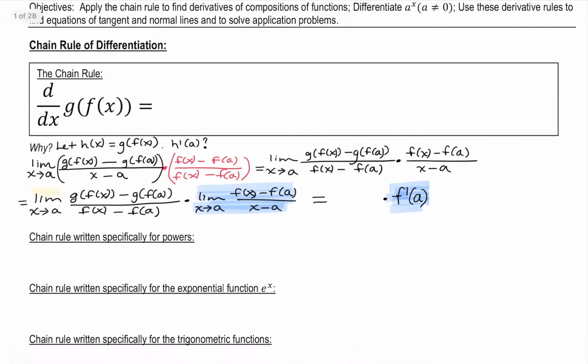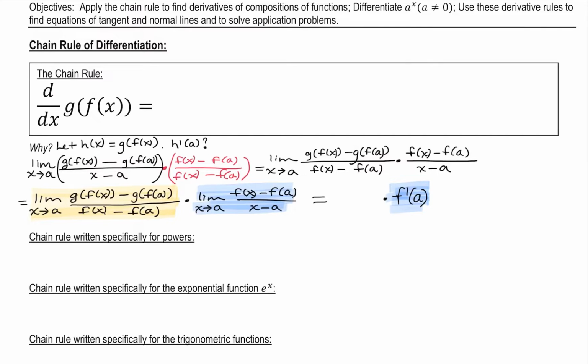So it's the limit as x approaches a. The original function is g of f of x, and then minus that function at a, g of f of a. And then if you treat the inside, instead of it just being an x, it's an f of x. So then in the denominator, we have f of x minus f of a.